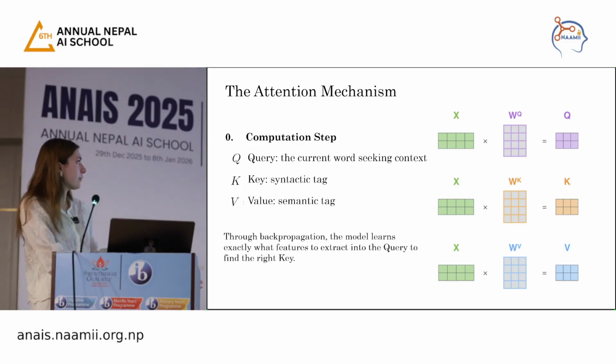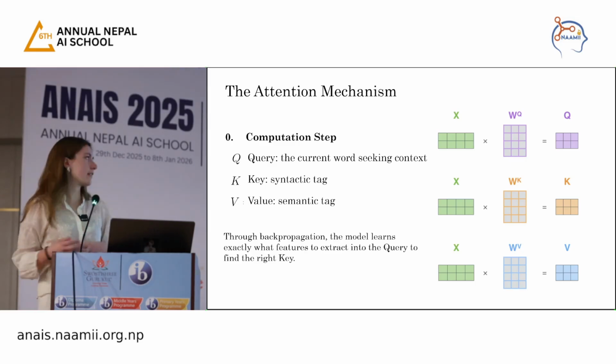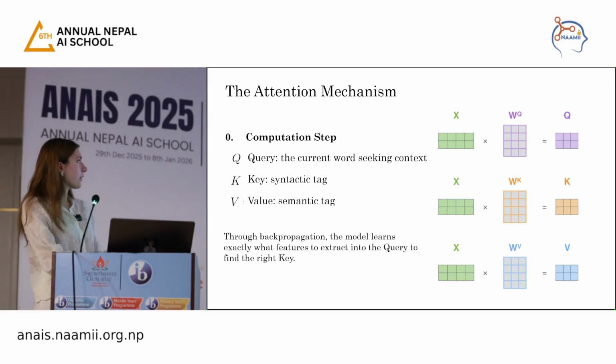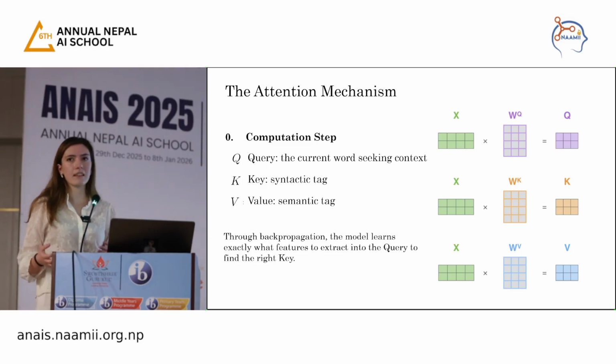Now, we have 3 of them because they are used to represent 3 different, if you will, flavors that a token can have, like a word can have in a sentence. So number 1 is the query matrix. The query matrix, you can think about it as some kind of indexing, in a sense.